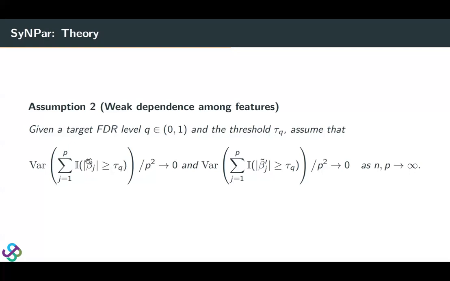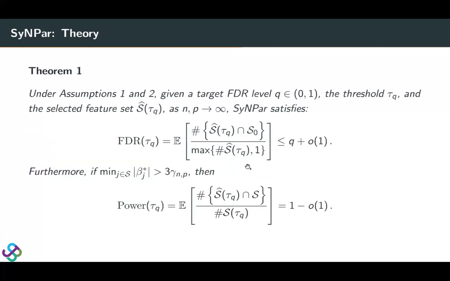Because if the features are totally identical, the variance of a sum will be of order p squared, and that's something we cannot tolerate. We need the variance of the sum of indicators to increase slower than p squared, for both the original estimates and the synthetic null, negative control part. So this is a technical condition.